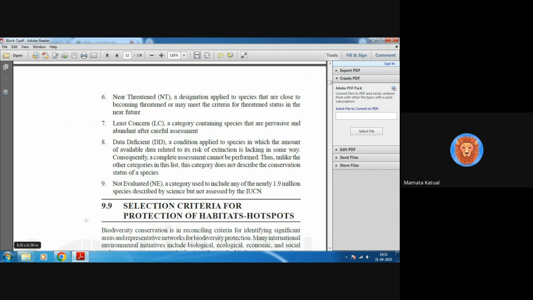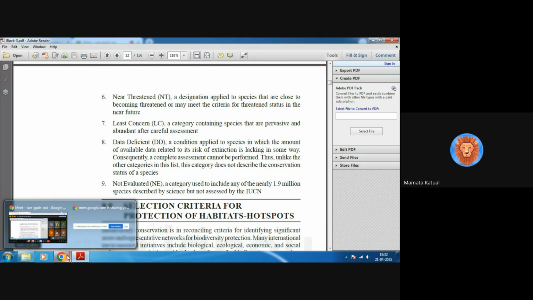But data deficient means the study is not sufficient. The amount of data available is less. So then we don't know to which category we can keep it. So it has to be kept in the category that is data deficient.